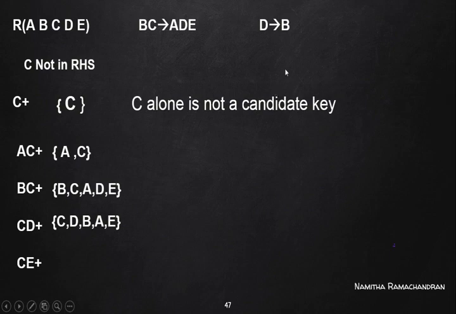Then if we know D, we can identify B also, and with the help of this BC, we can derive A and E. And for CE, the closure set contains CE alone, because using this CE, we cannot derive anything else. From these, two are not candidate keys. And these sets BC and CD can derive all the attributes of our relation uniquely. So these two form candidate keys.